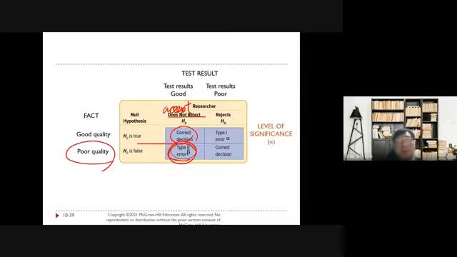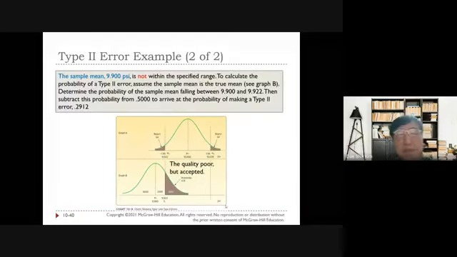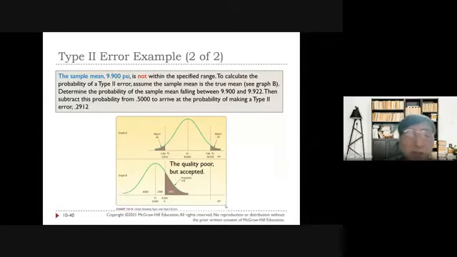We want to calculate how likely poor quality is to be accepted. What is the probability of accepting a poor quality shipment? For example, let's say a sample mean X bar is 9,900. The limits are plus minus 1.96.